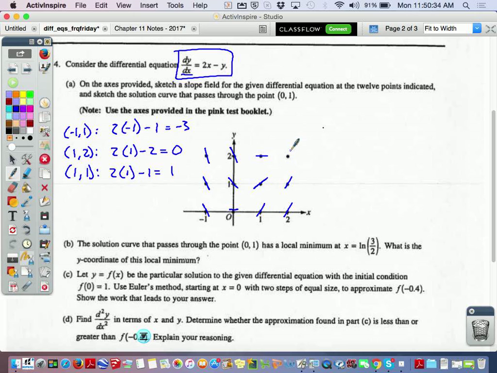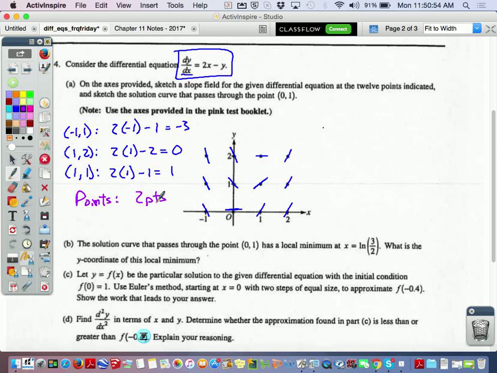It doesn't have to be exact. So your slope field should look something like this. And if you get all of these points, so the points alone, having the slopes here, you're going to get 2 points for this part.